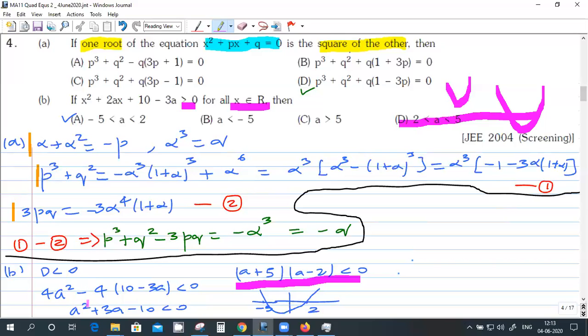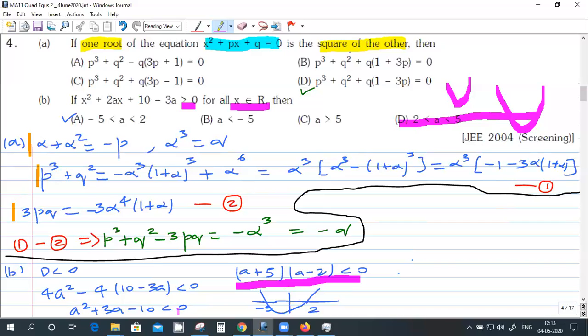So that condition gives me a quadratic in A, which should be less than 0, and this is possible only between the roots, because here the coefficient of A square is positive, so the curve is of U type. For it to be less than 0, it should be in between the roots.